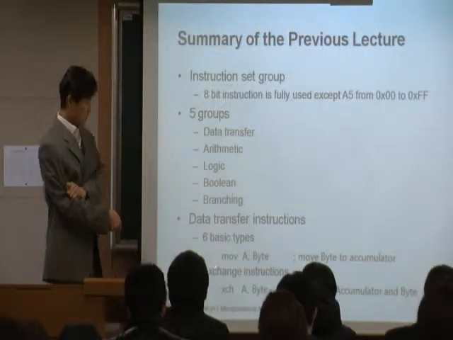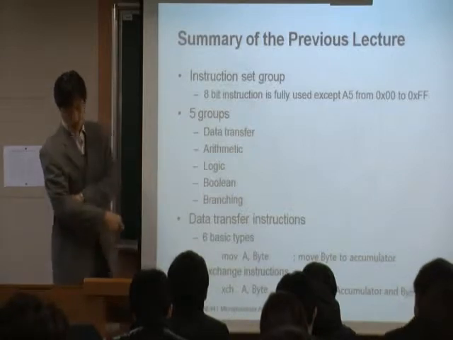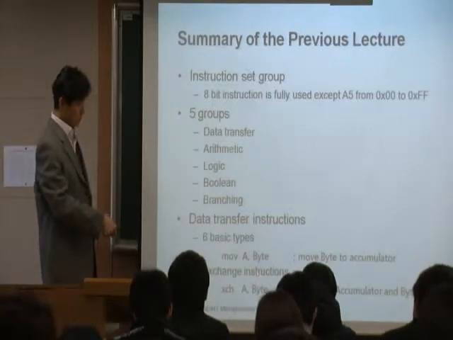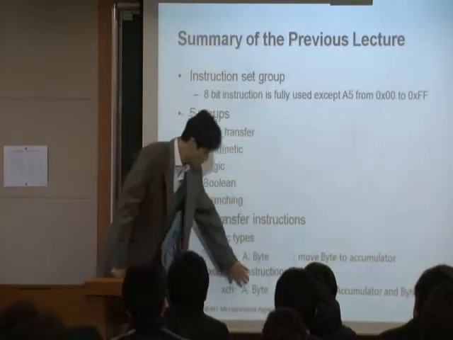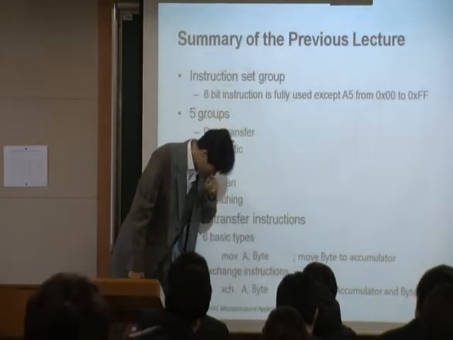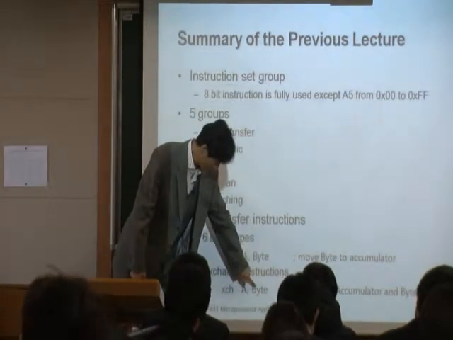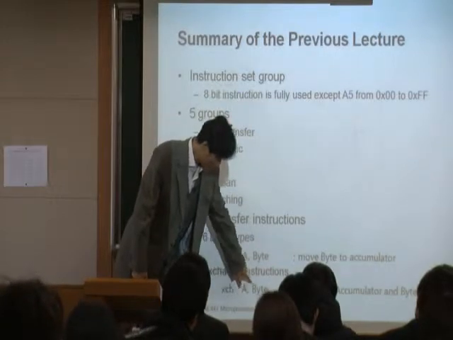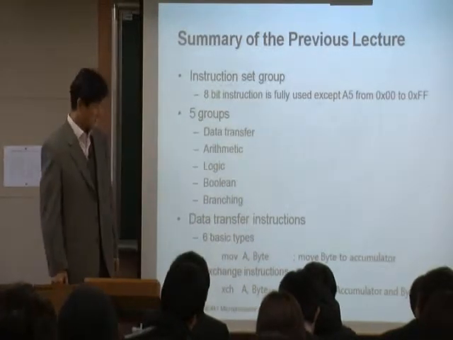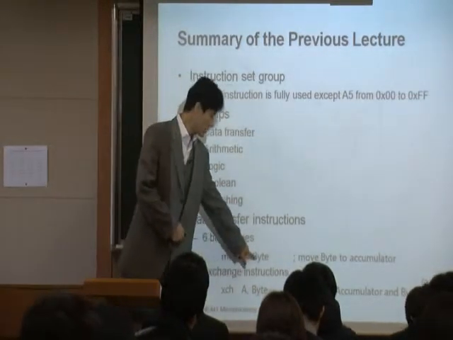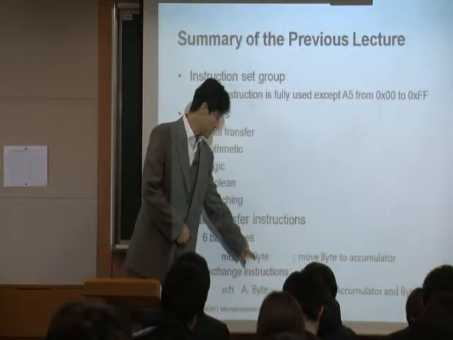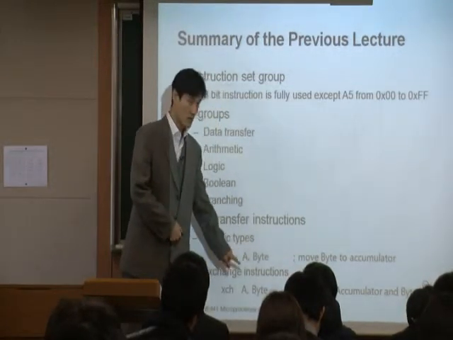And there are also exchange instructions where you exchange the values, in this case the register and the address, right? So you are exchanging these 2 different values. And move instruction copies the value in the source to the destination.